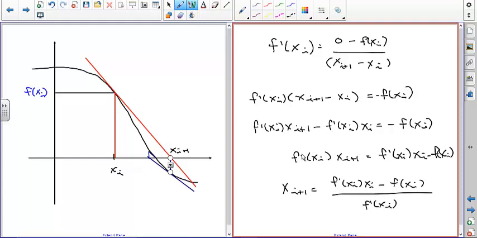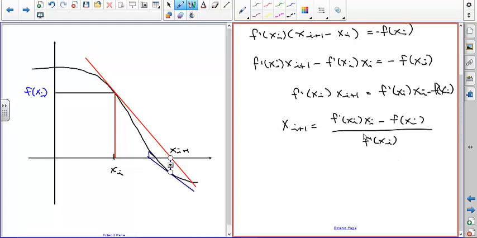So I'm dividing both sides by this, and you can see I can simplify this because this divided by that is 1, but I have to do it for both terms. So what I'd say is the guess for the x-intercept is going to be my initial guess minus f of x sub i divided by f prime of x sub i.